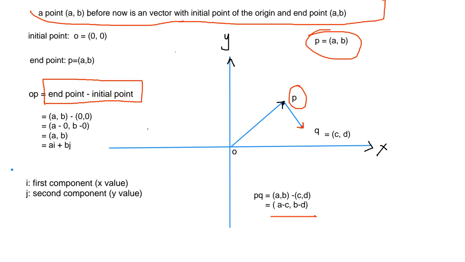So we parallel. This is called a parallel translation, which means we translate the PQ vector to this point. Let's call this Q prime.